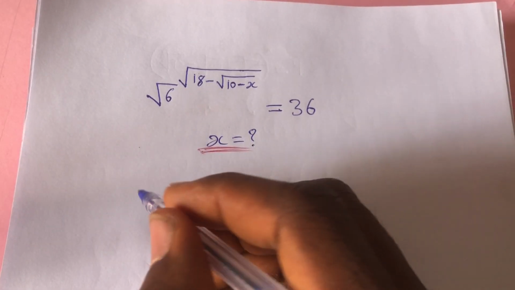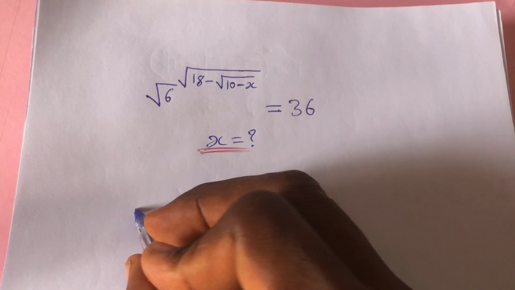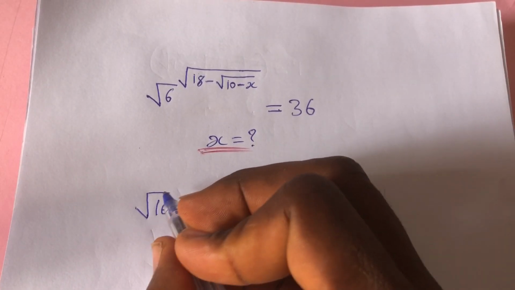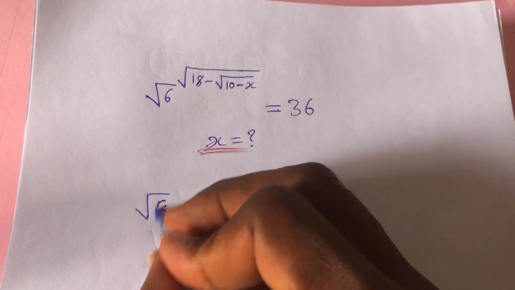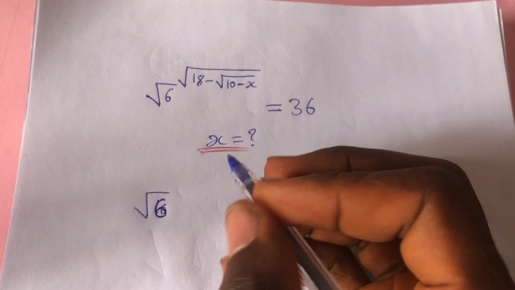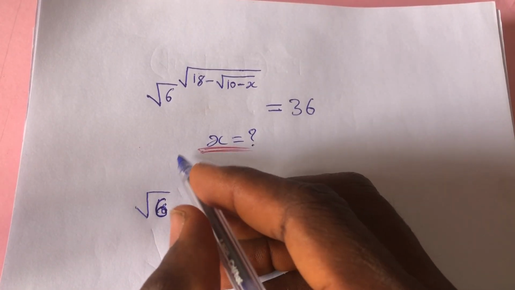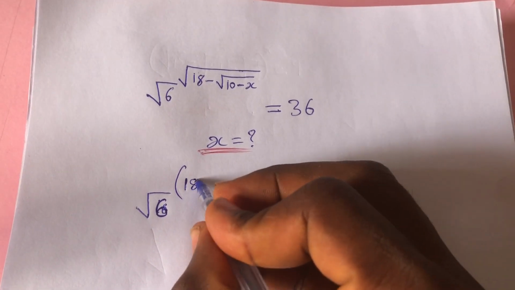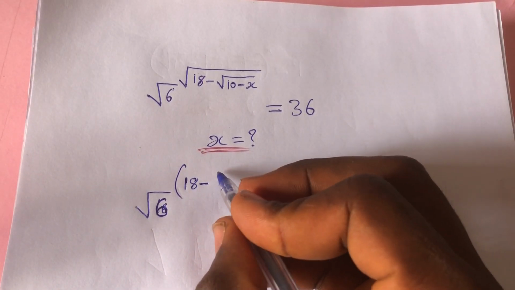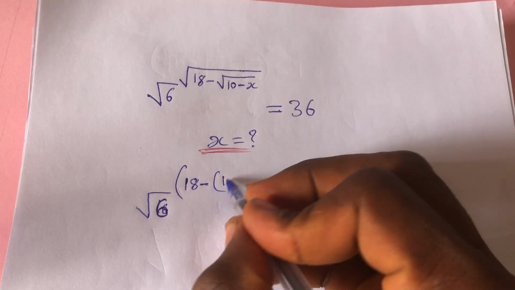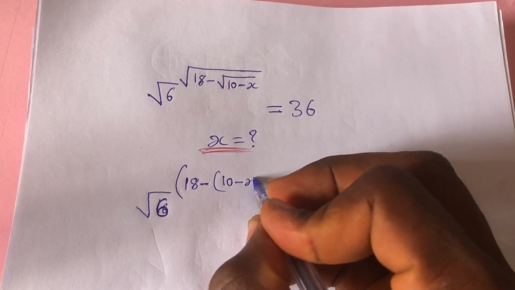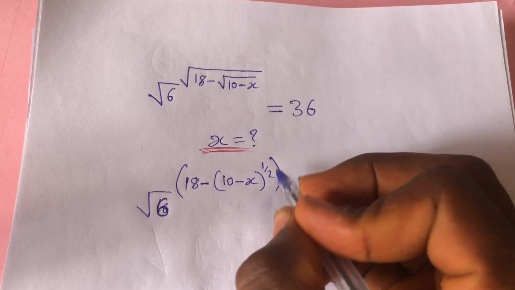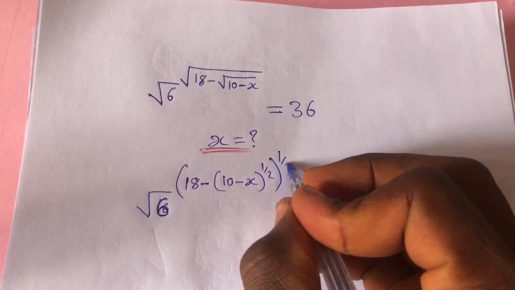Okay, so this is the same thing as the square root of 6, raised to the power of 18 minus 10 minus x raised to the power 1 over 2, then everything raised to the power 1 over 2.